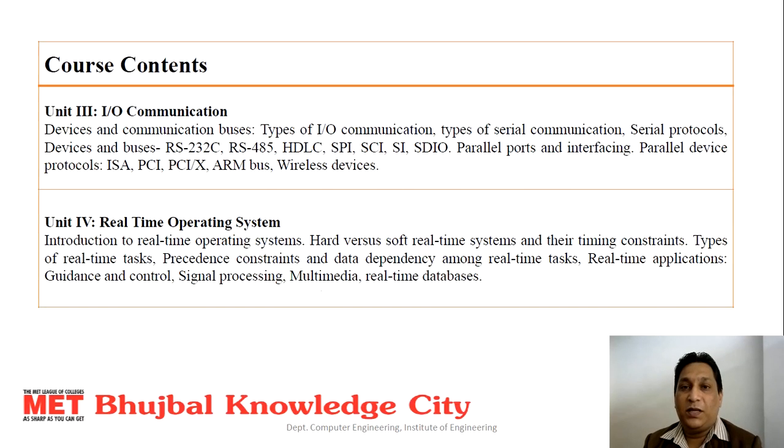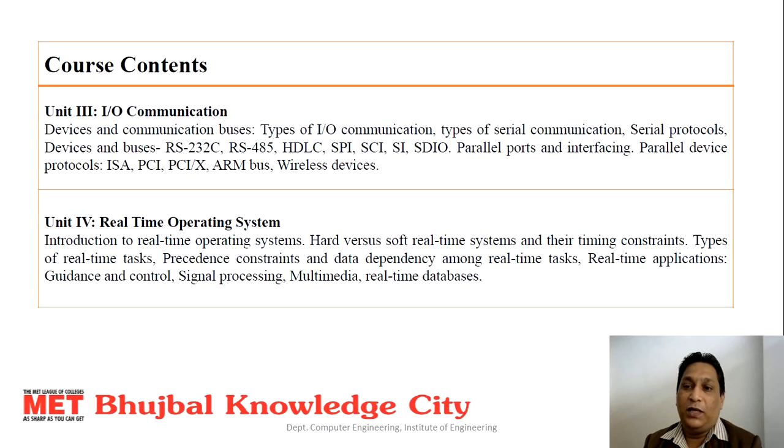In Unit 3, we are going to check input output communication. For any embedded system we require serial communication or parallel communication. So an embedded system can also work with wireless devices. So this unit covers input output communication.